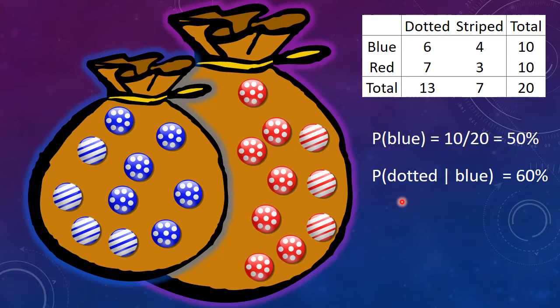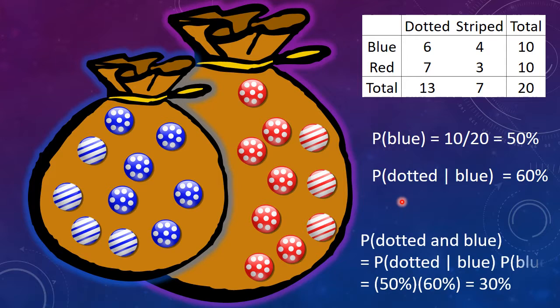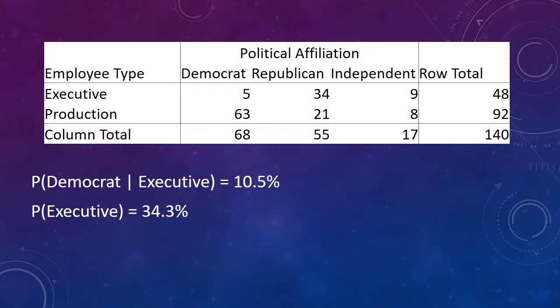So the probability that a marble is dotted and blue is equal to the product of those two probabilities: the conditional probability that the marble is dotted given that it's blue, and the marginal probability that the marble is blue no matter whether it's dotted or striped. So we take 50% and 60% and multiply them, and we get 30%, which is what we found before when we took the number of blue dotted marbles, 6, and divided by the total number of marbles, 20, which gives 30%.